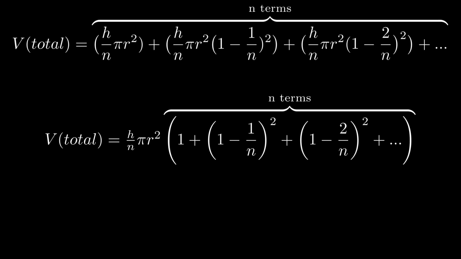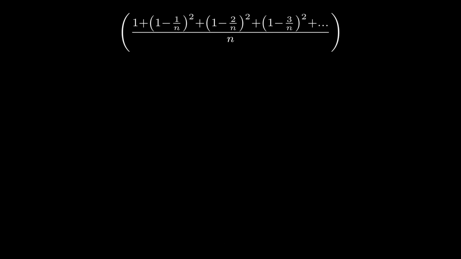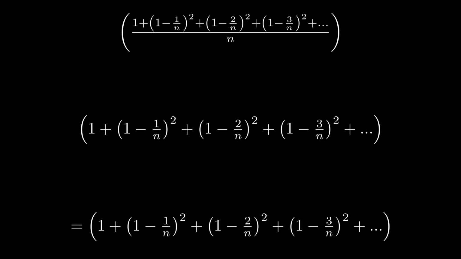Actually, let's put the 1 over n factor into the brackets. It will now be easier to ignore the h pi r squared and just look at the terms in the brackets. Let's even ignore the 1 over n. Much better. Our job now will be to try and open up the squared terms.